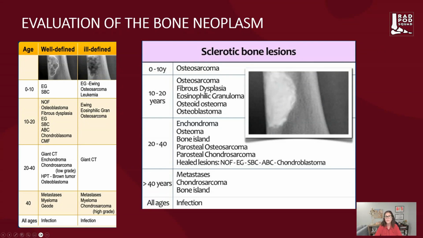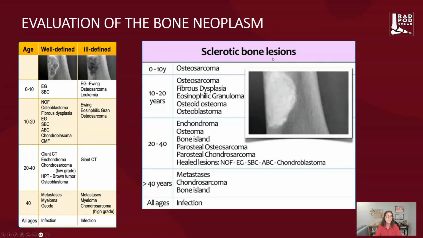And then over 40, we're dealing with metastasis, myelomas, subchondral cysts, and if it's ill-defined, it may indicate metastasis, myeloma, and of course high-grade chondrosarcoma. At all ages, the skeleton is at risk for infection, and those can be well-defined and ill-defined, so that will always be in our differential.